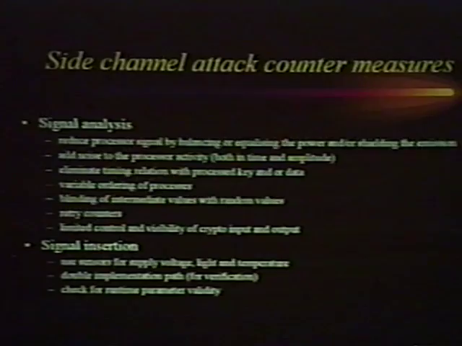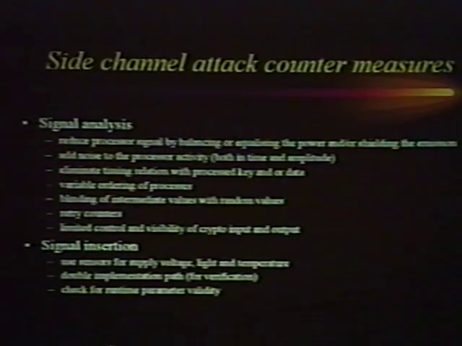We can use retry counters, which is quite effective against the statistic process, because if we're using statistics, we need to repeat procedures often. If there are retry counters, we might be limited. Talking about signal insertion, we can use sensors who detect small changes in a supply voltage.